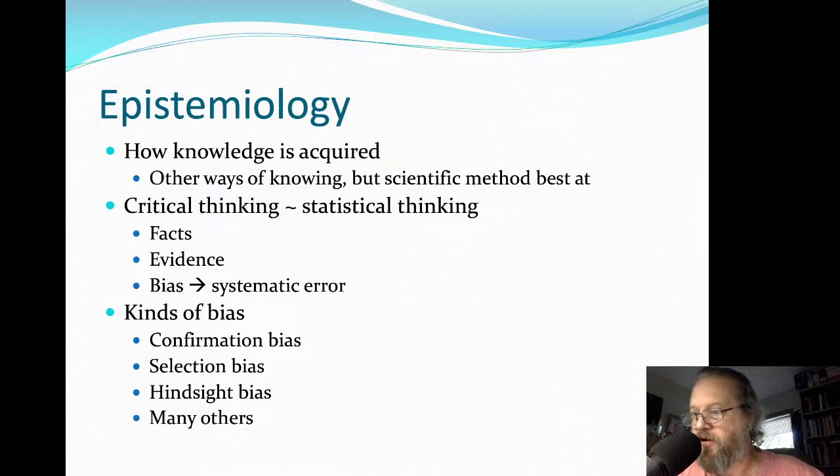But the fact that SARS-CoV-2 has swept the globe over and over again, that's a hindsight bias. It wasn't inevitable that that particular virus was going to do it. And so there are many other kinds of cognitive biases. The point is that well-designed experiments help mitigate sources of bias.